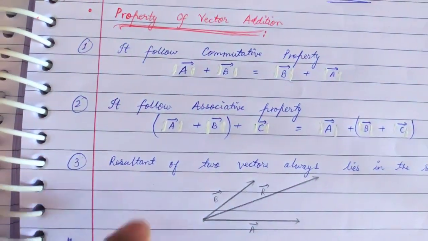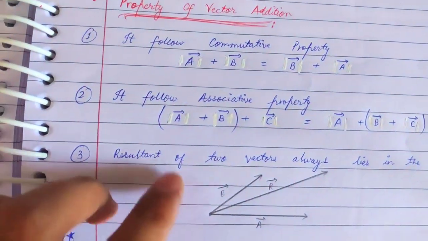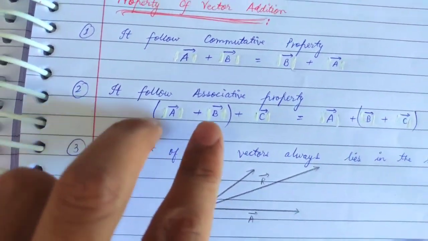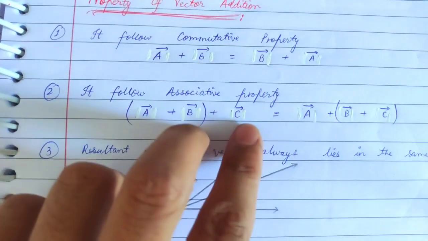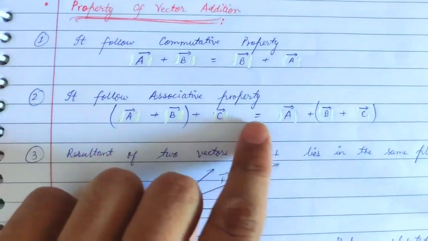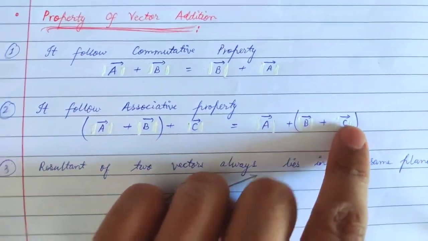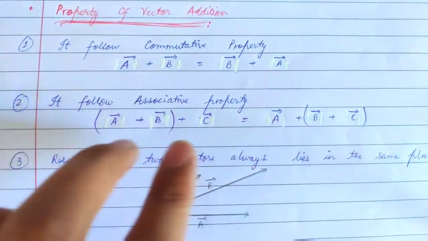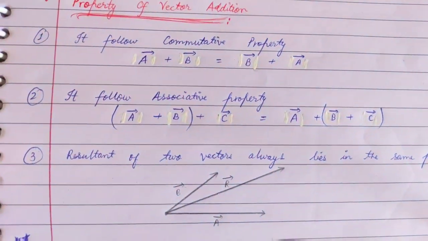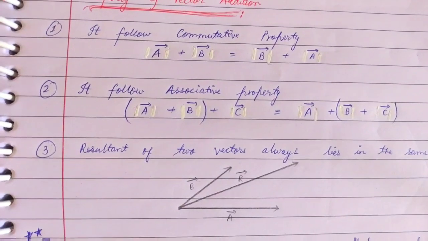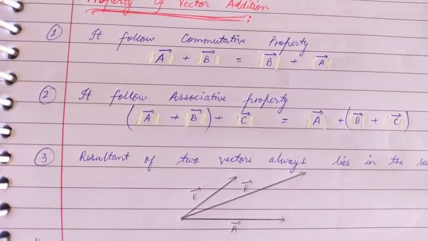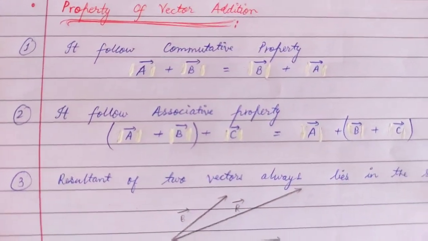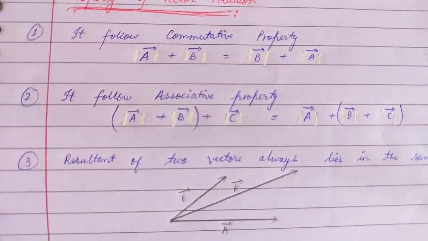Associative means that if you are adding 3 or more vectors, and first you add vector A plus B, then add the sum to C, it is equal to adding B plus C first, then adding that sum to A. Both these things will be equal. If you change the order of addition, or add 2 vectors and then add that to the third vector, or the second and third vector and then add that to the first vector, the resultant is always the same.